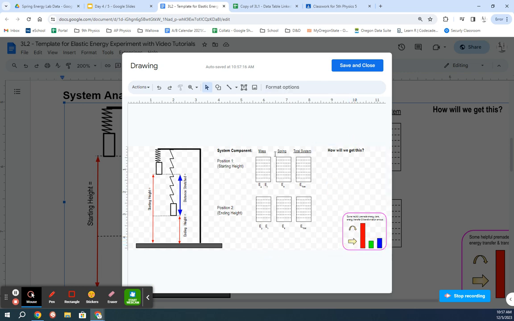Again, making sure that you're filling in what types of energy it starts with. How does that affect the total energy? At position 2, what types of energy does it have? How does that affect the total? What does the total look like before and the total look like after? Think about those types of things as you guys are filling this in.